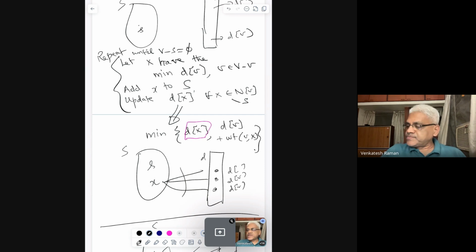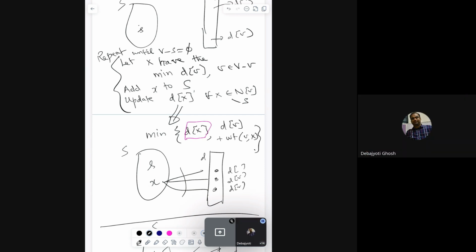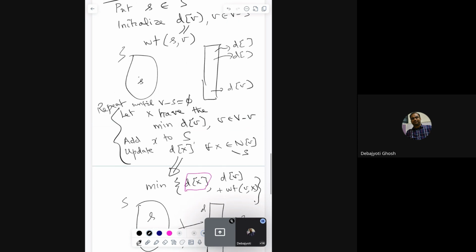In the naive implementation, I have to find the minimum element every time, so I have to do a linear scan. Finding the closest unvisited vertex takes order n time in every row. Here I also represent the graph as a weighted adjacency matrix. So to repeat this process for each vertex, it is order n square.